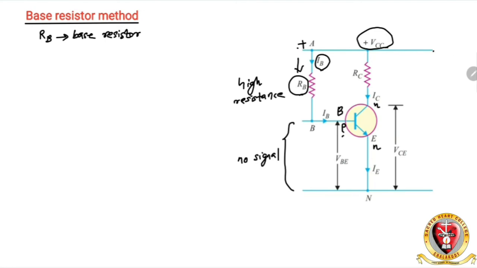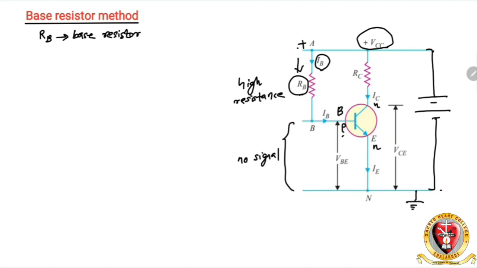It means that these two ends are not open. It just means that this end is connected to a battery of plus VCC and this end is grounded. We are drawing it in this way for simplicity.